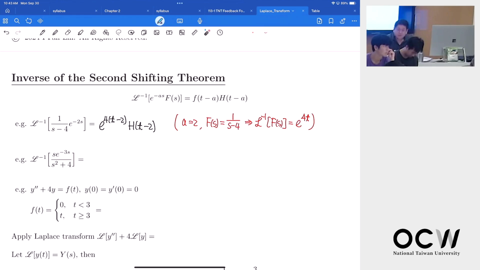The first 3 people who get the correct answer get bonus points. So the inverse Laplace transform of this, and then I show you the table.